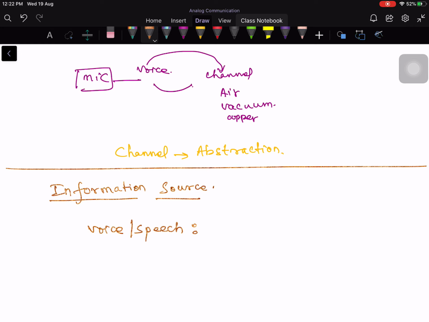Of course, there is picture transmission. Picture transmission could be in the form of television signals, which is essentially moving pictures, moving at the normal pace at which life goes on. It could also be a still picture. Suppose you want to transmit some photograph, so it's a still picture.